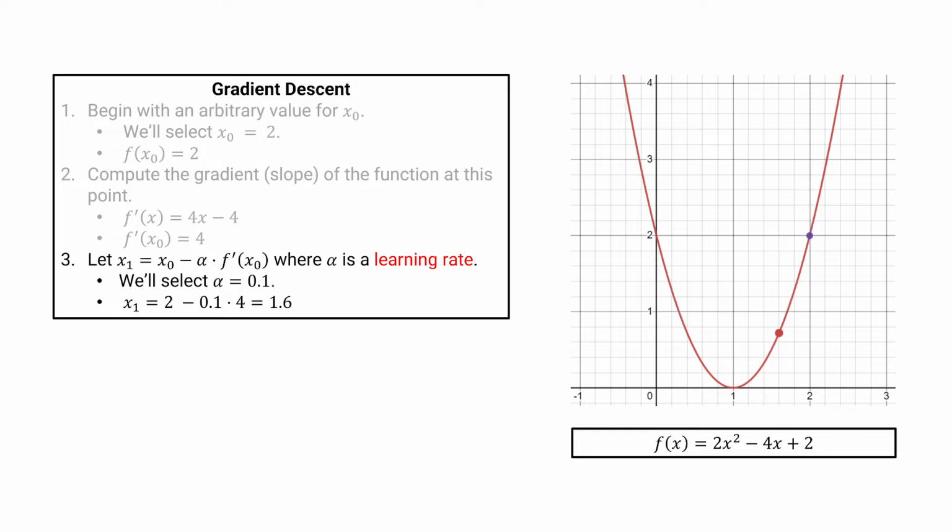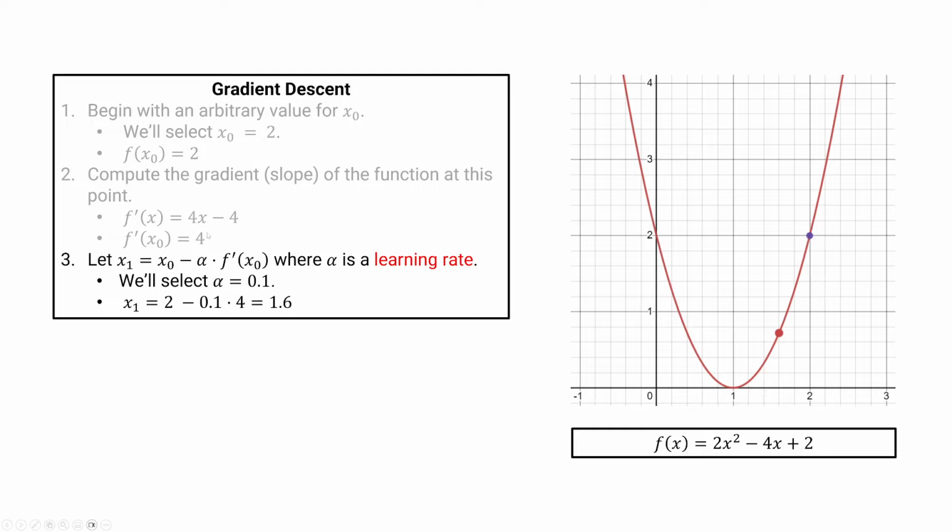So in our example here, we're going to compute a new x value to guess from the original x value. We're going to take x0 and subtract off the slope value that we've computed. Now it might seem advantageous to subtract the whole value off.